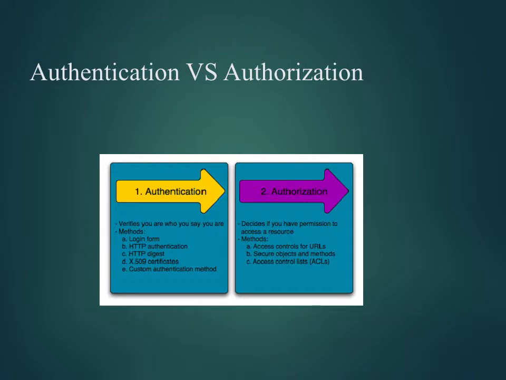Authorization, on the other hand, decides if you have permission to access a specific resource. The methods used for authorization are access controls for URLs, secure objects and methods, and access control lists, also known as ACLs.